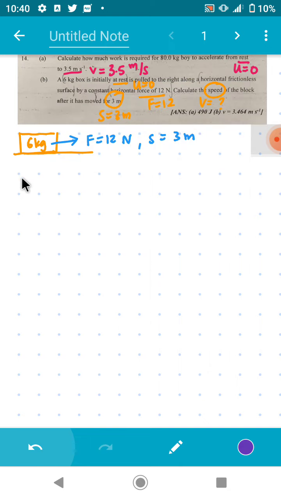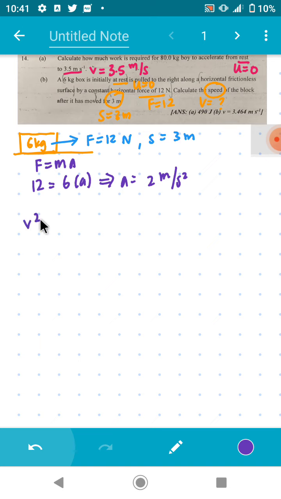We are given u and s, and we need to find v, so we can find the acceleration first. F equals ma. F is 12, m is 6, a is unknown. So a is 12 divided by 6, which is 2 meter per second square. Then we can use the kinematics equation, v square equals u square plus 2as.